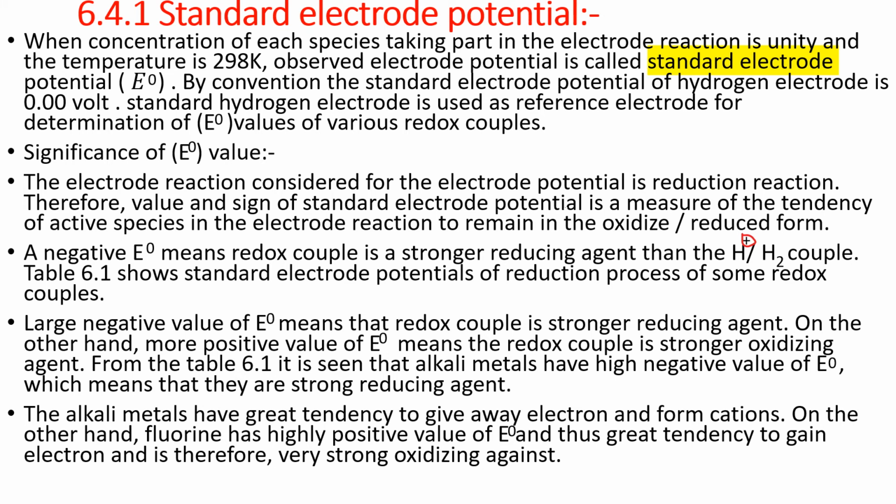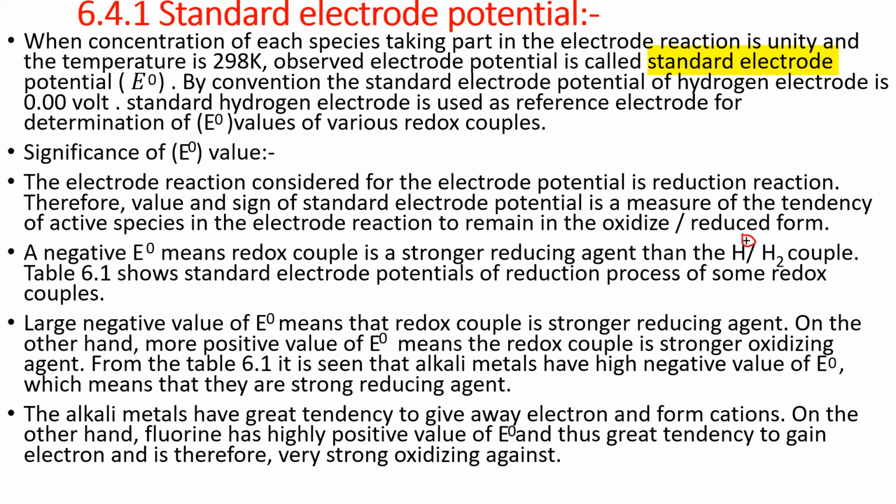Next point, a larger negative E0 value means that the redox couple is a stronger reducing agent. On the other hand, a more positive E0 value means the redox couple is a stronger oxidizing agent.